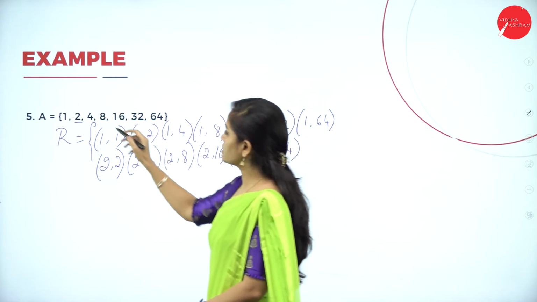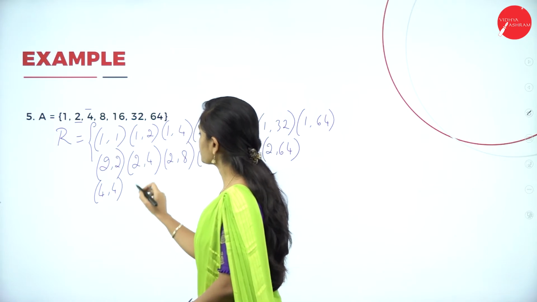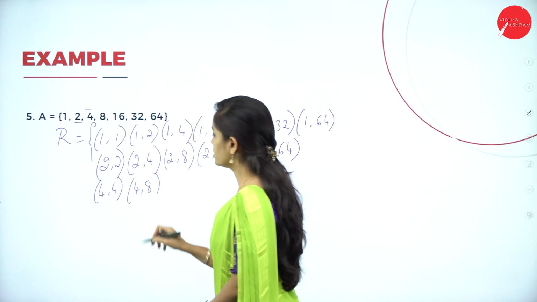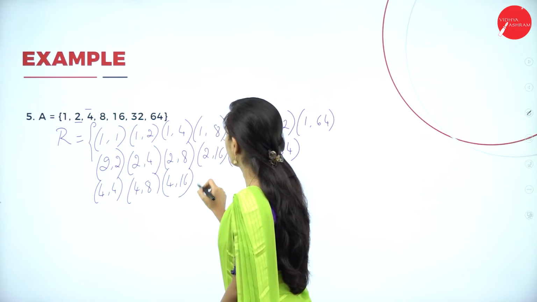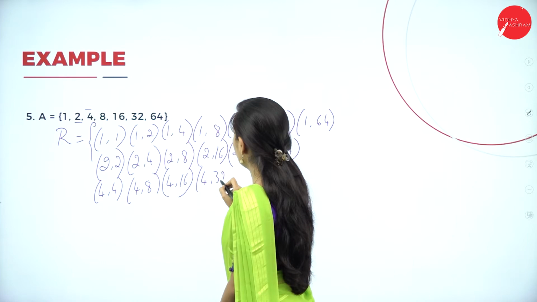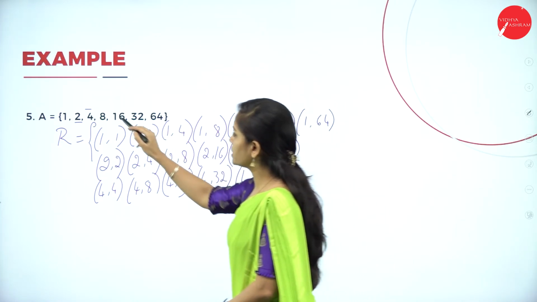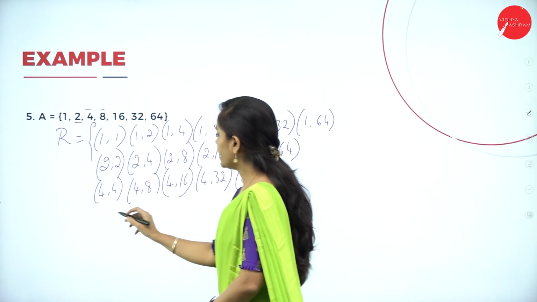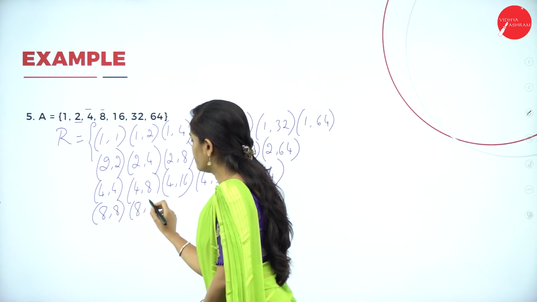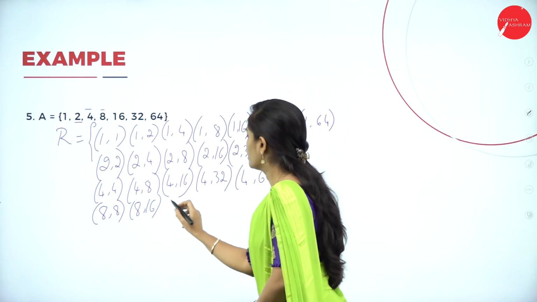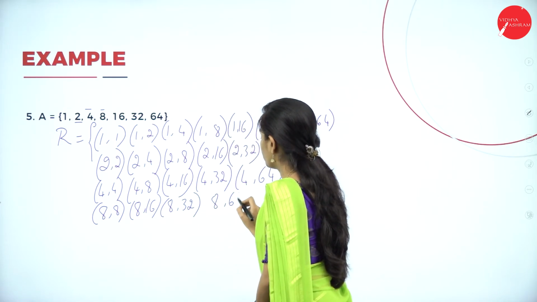And the next element is 4. 4 can divide 4 and 8. 4 divides 16, 4 divides 32 and 4 can divide 64. And the next element is 8. 8 can divide 8 and can divide 16, 32 and 64.